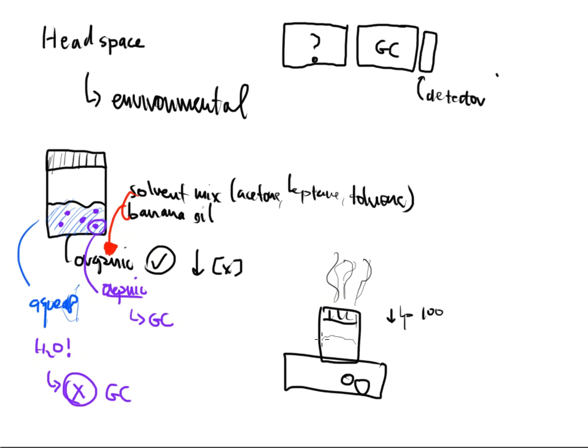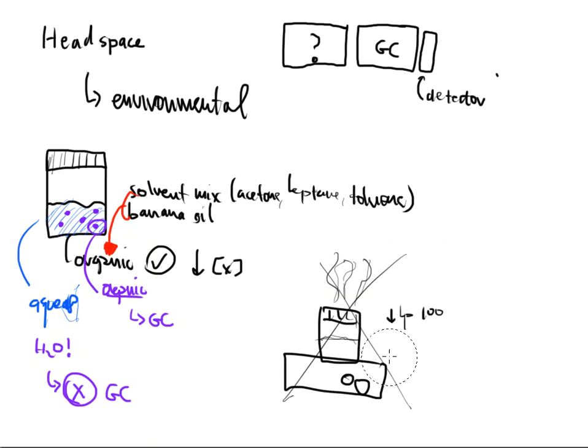Your water's still going to be left behind here in the container, and it still might have some volatile organics that you maybe could have measured after the water dissipates and goes away. But the problem is that you've lost everything in the beginning. So this is not going to work for me. I can't really just heat the sample up, drive the water off, and then inject what's left over. Doesn't make any sense. I'm losing product.